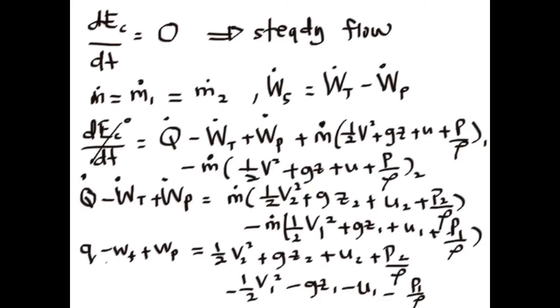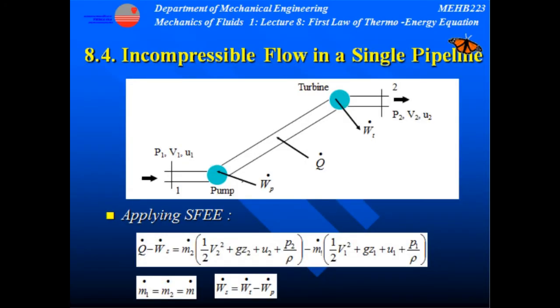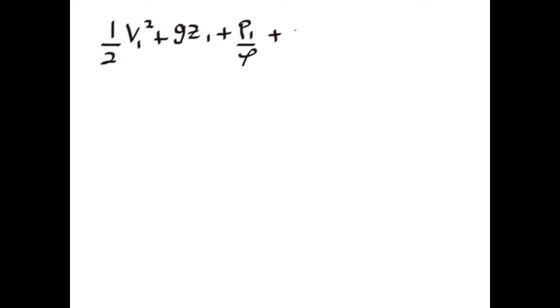So positive gz1. We leave the U first because U is the internal energy, so I take the pressure term. And if you go back, this work, one is positive, one is negative. Which one is going into the system? The pump or the turbine? It should be the pump, work done on the pump. So when it's going into the system, it's a plus.